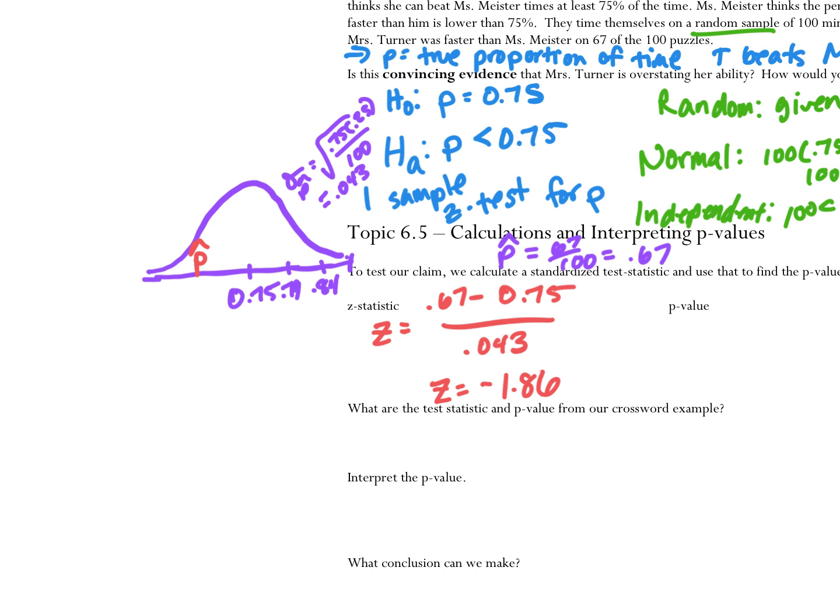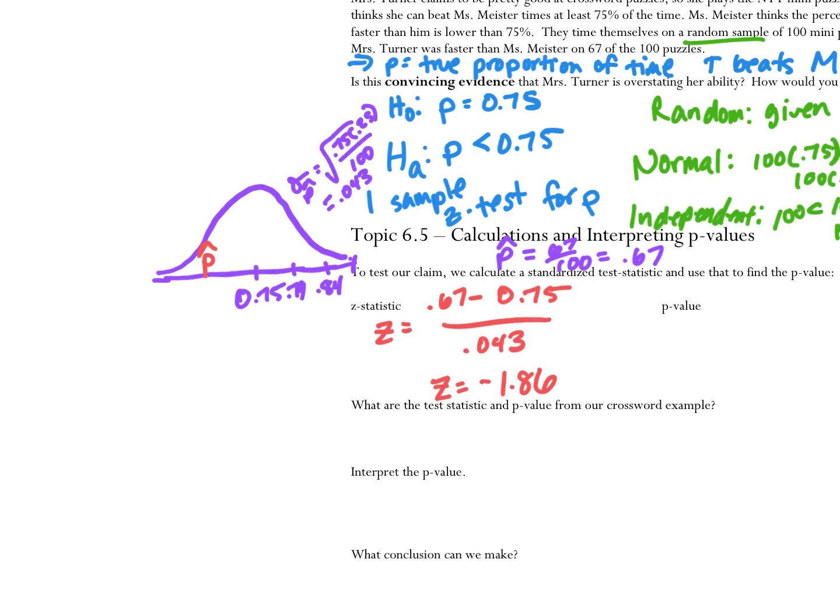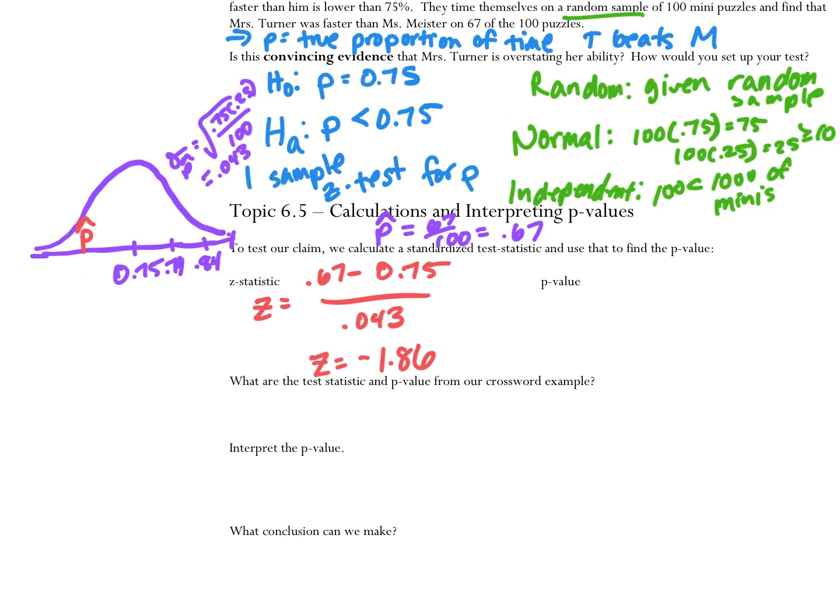Okay? And if it's low enough, we reject the null. And we say, hey, we shouldn't have been able to get this sample if the null hypothesis is true. And the sample is the only thing we know for sure. Okay? So how low is low enough? Well, what we're going to do is calculate the p-value. The p-value is going to be calculated on could you get that sample if the null hypothesis is true.